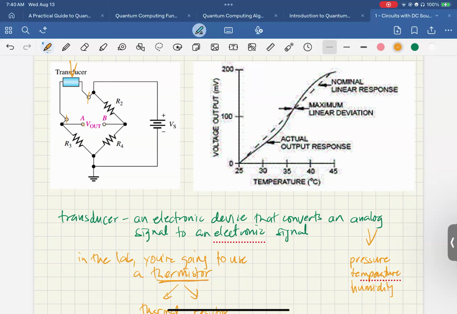So ang gagawin niyo is i-measure niyo yung resistance ng transducer. So yun yung resistance corresponding to room temperature. And now after nyo ma-measure yung resistance ng transducer at room temperature, i-design nyo na yung Wheatstone bridge nyo. So alamin nyo kung ano yung R3, R4, tsaka R2 such that the bridge will be balanced.